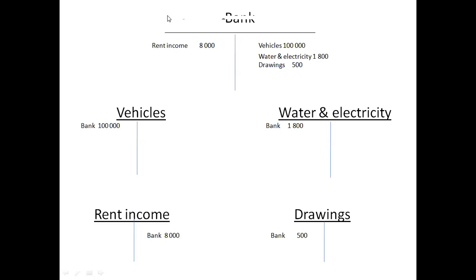Right. Then the last thing that we're going to do for today is quickly look at the bank account. So all the other accounts you can see for now had either entries on the debit side or the credit side, except bank. Bank at this stage is having entries on both sides. Now you can think for yourself, if you're going to do a very big exercise, how is your bank account going to look?